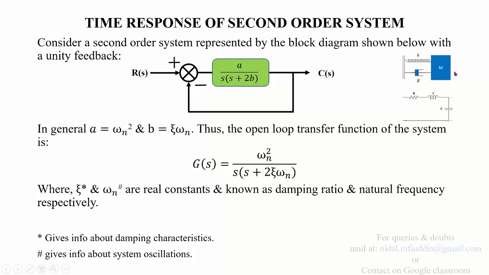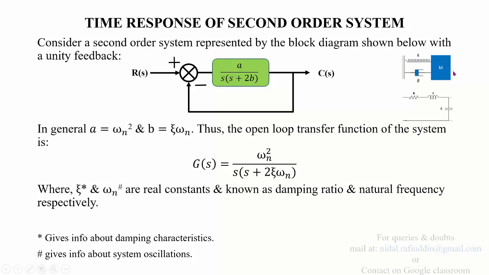If I exert a force on the mass, I'm providing energy to this mass, and that depends upon what type of force you give. If you give an impulse input to this mass, for example a hammer blow, the example of impulse is a hammer blow.